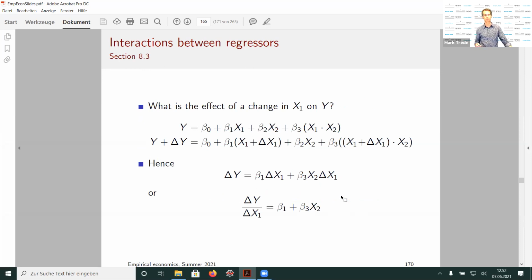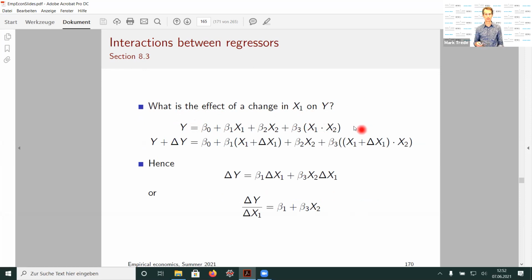And we now compute the effect of a change in x1 on the endogenous variable. And we do that in the same way as before. So let's look at the relationship between the regressors x1 and x2 before the change in x1. Well, that's just the equation we've written down here.